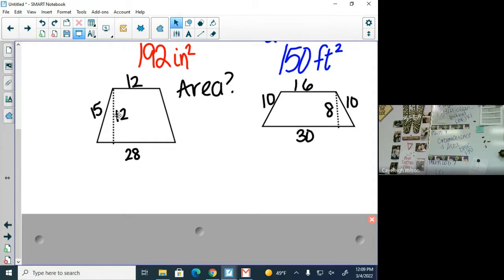All right, I want you to find the area of each of those trapezoids. I don't know why I'm hearing conversations when you should be doing these 2 problems quietly.